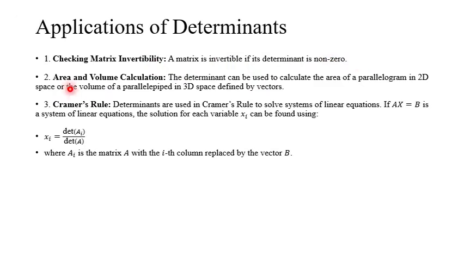Another application area is in the computation of the area and volume of shapes. Another very useful application of determinants is solving systems of linear equations. We'll be looking at a couple of examples in this area next.